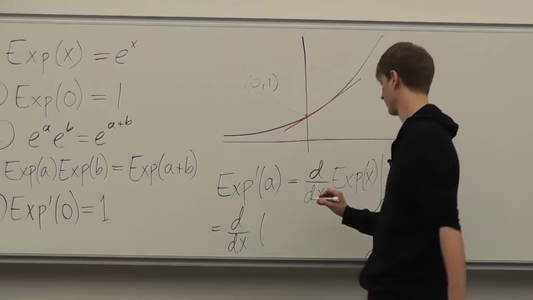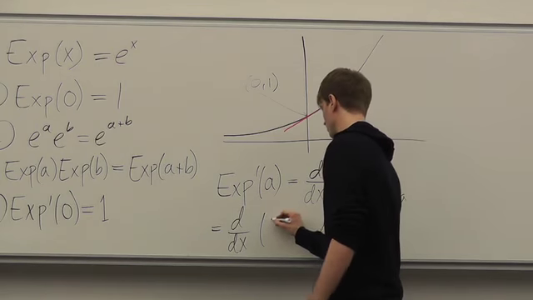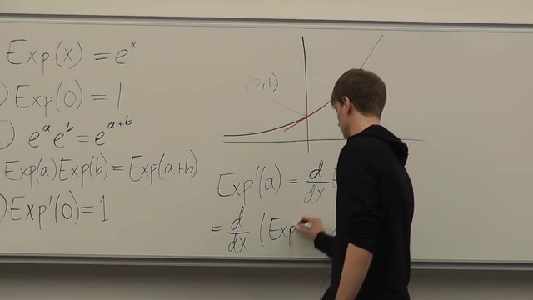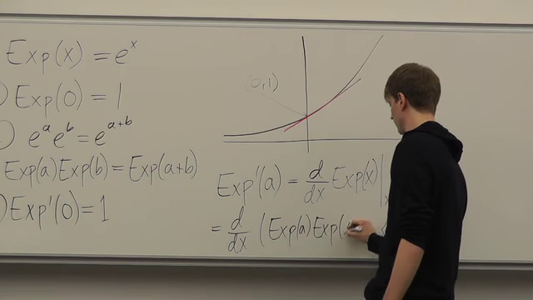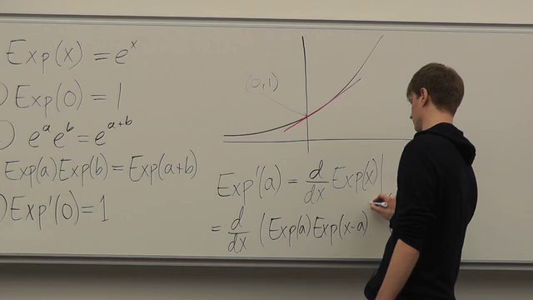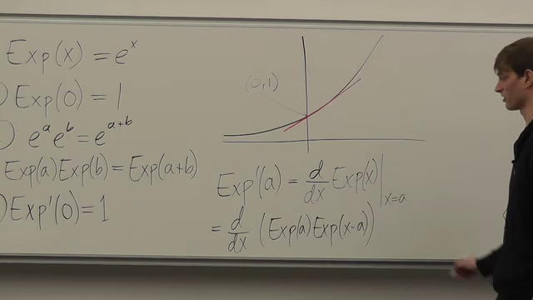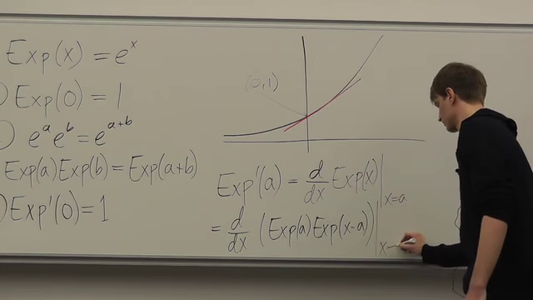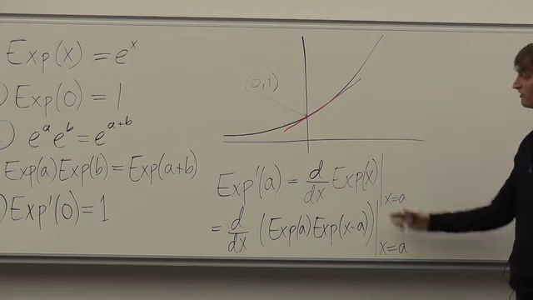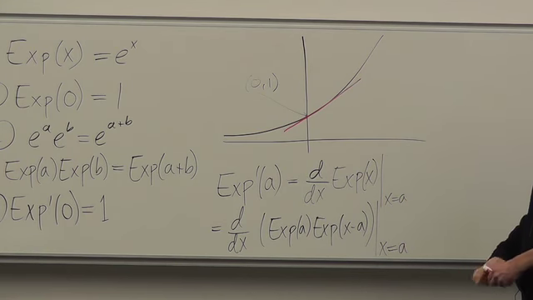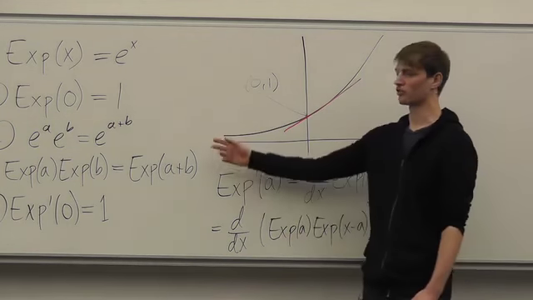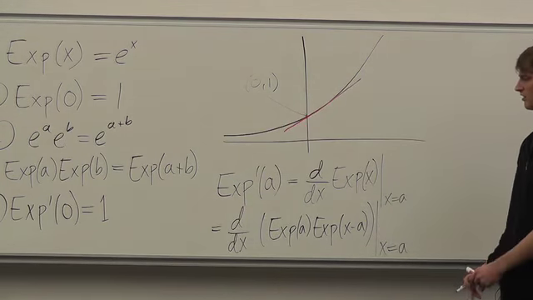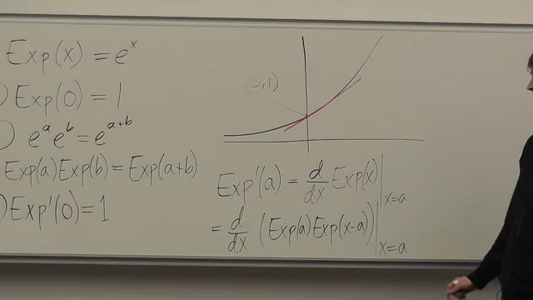I'm going to write it as the exponent of a times the exponent of x minus a. And then this thing, I take the derivative and then evaluate that at x equals a. And that's fine because this is just the same function as exponent of x by my property number 2.